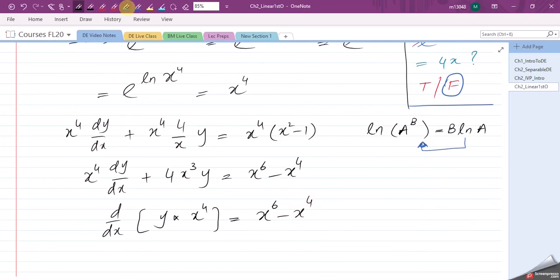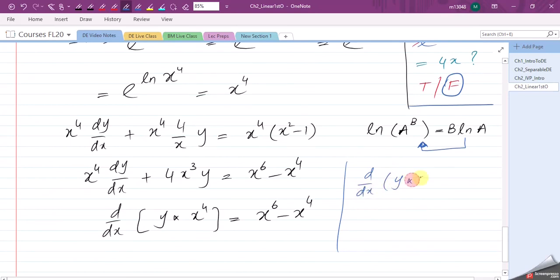Let's just check whether it is correct or not. What is d/dx of y times IF? That is x^4 as it is, derivative of y, plus y as it is, derivative of x^4, which is exactly the same. So we are correct.